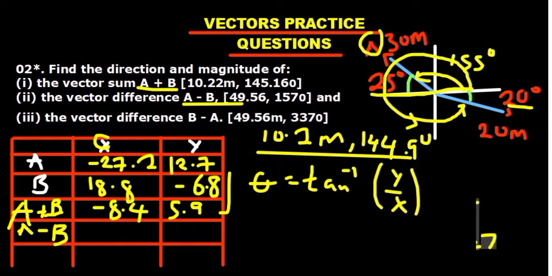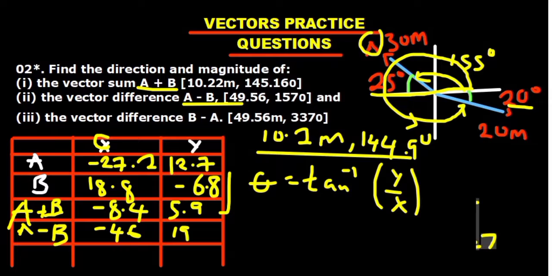And what I'm getting is negative 46. So we have negative 46. For our y, it's 12.7 as the x component of A minus negative 6.8 as the x component of B. So what do we have? 19.5.